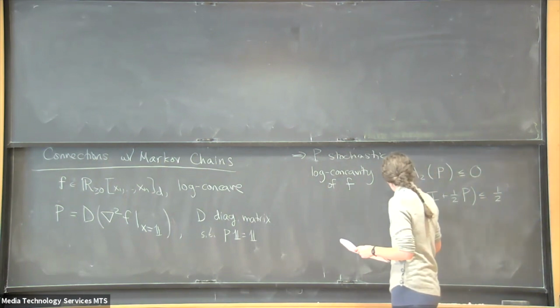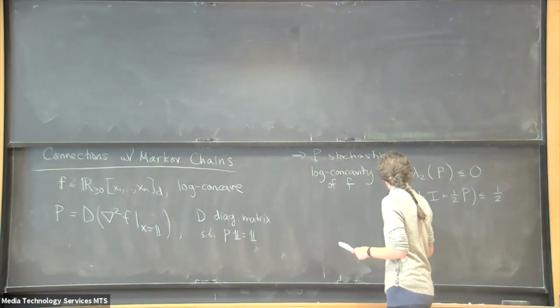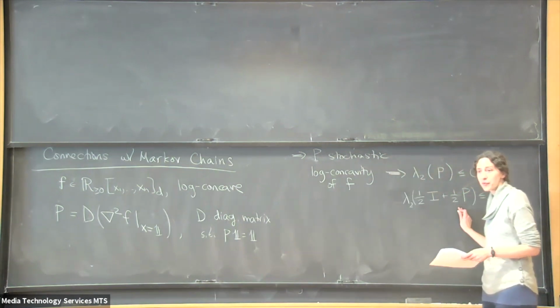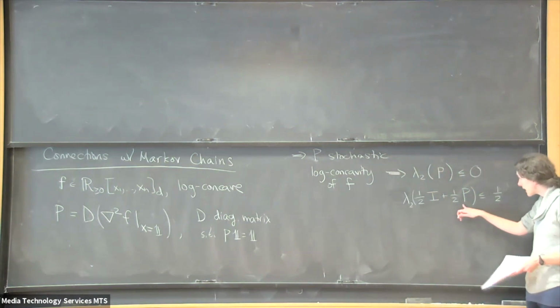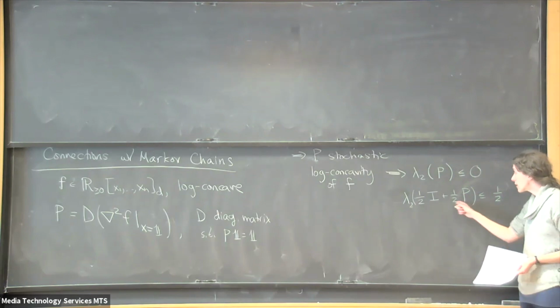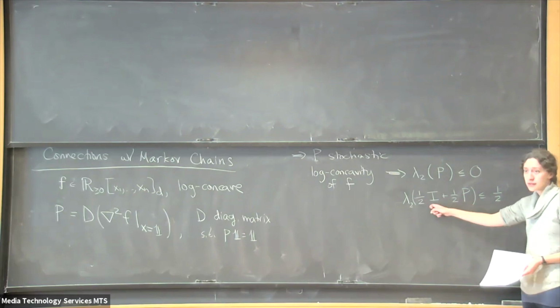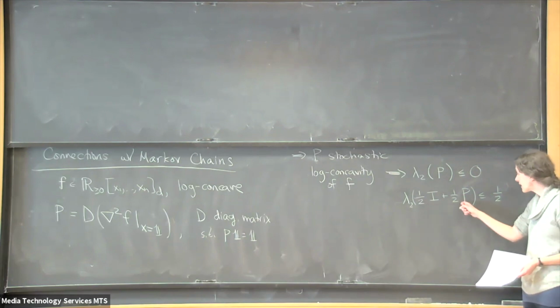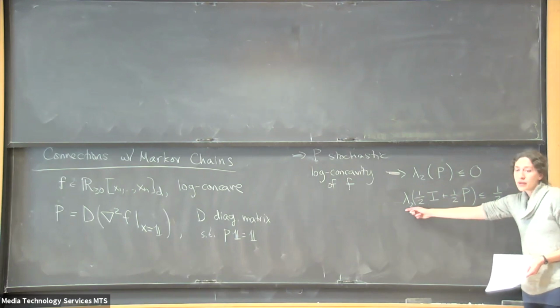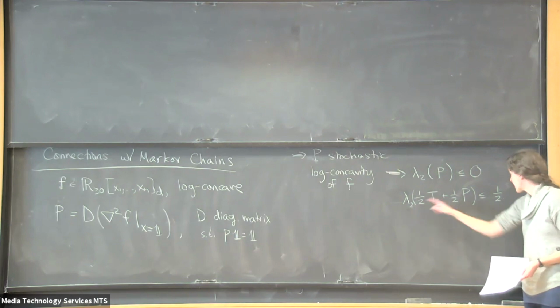We'll see also that all of the eigenvalues of this matrix will be non-negative, and so if I want to understand the convergence of the Markov chain on n elements that I get using these transition probabilities, I want to bound this second eigenvalue away from 1.